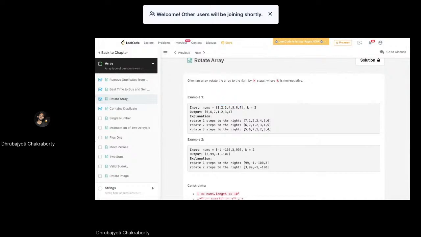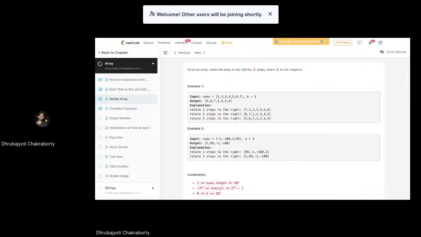We will keep on changing the size of the window based on the value of k until that is satisfied. When we keep iterating over it, we end up with the value that we actually wanted, that is 5, 6, 7, and then 1, 2, 3, 4. So we will keep on swapping the values until we find this particular combination. You can consider it to be like that.